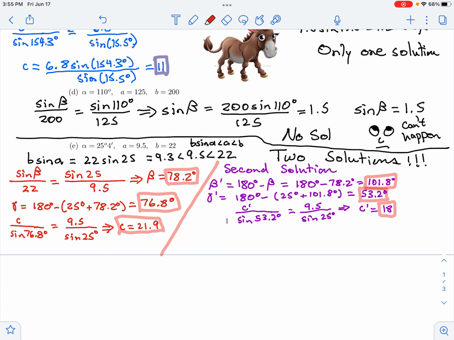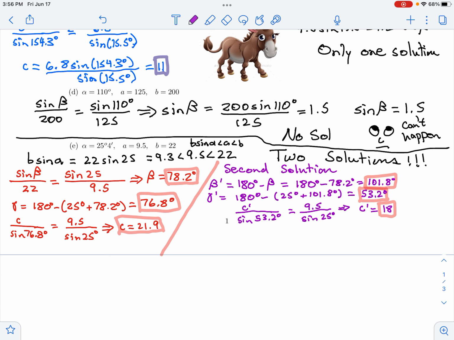Notice I was given alpha and its opposite side. I was given B, but not its opposite angle. That's where we start. The first thing we do is go to the angle opposite the side that we were given but weren't given the angle for, and that happens to be beta.